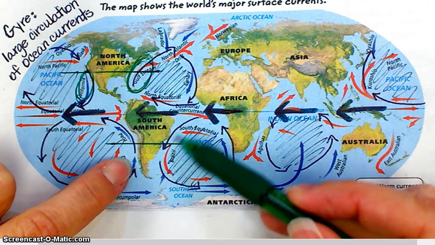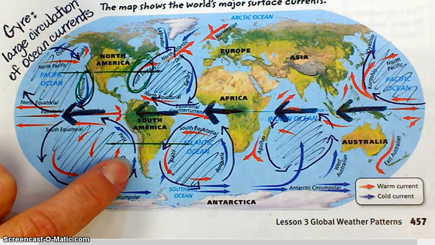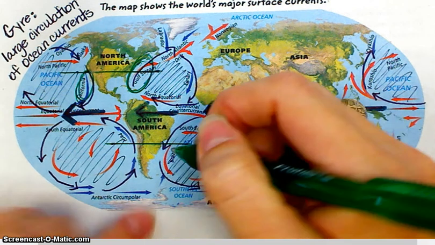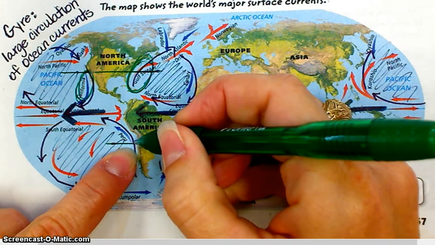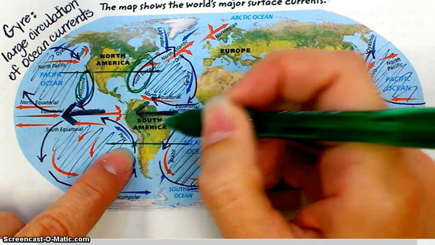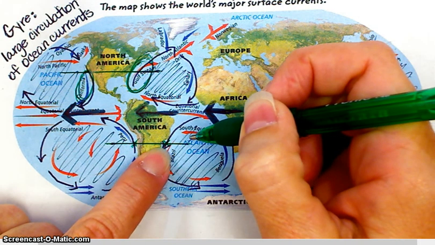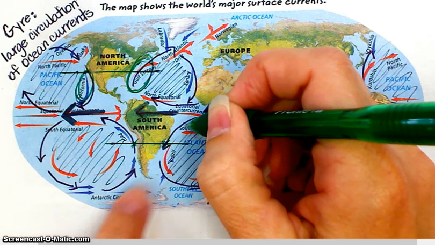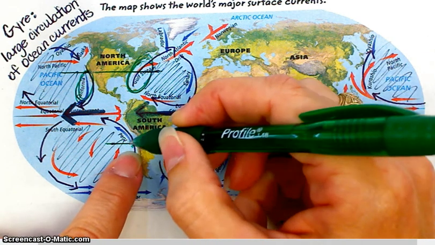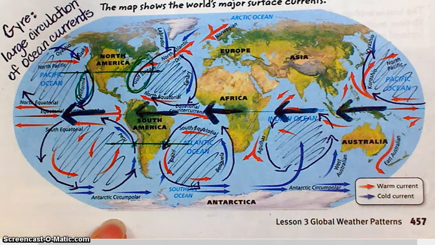And over here on this side of South America, they're being influenced by this warm water that's coming off of the equator because of the way these big circulations turn. Okay, so on the west side, at the same latitude, they're going to have colder weather than you're going to generally experience on the east side. Because on the east side you're influenced by a warm water current, and over here you're being influenced by a cold water current. Okay, if that makes sense to you guys.